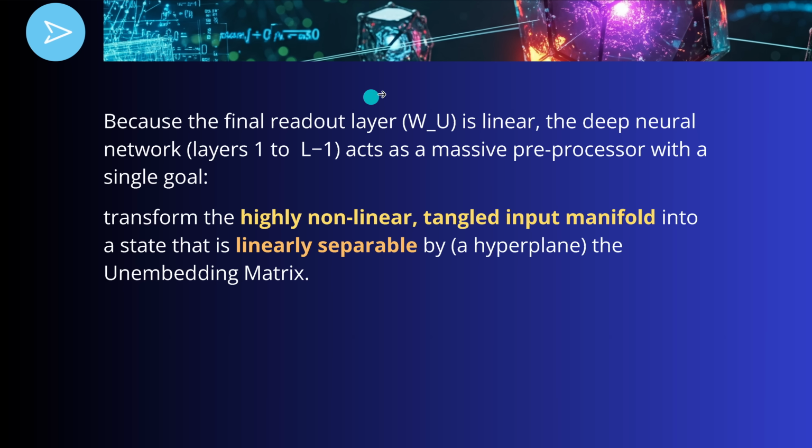Because the final readout layer is linear, the deep neural network, all our layers 1 to L-1, acts as a massive preprocessor with a single goal: to transform the highly nonlinear, angled input manifolds into a state that is linearly separable by a hyperplane, our unembedding matrix. This is the goal why we have all these different layers in our transformer architecture.